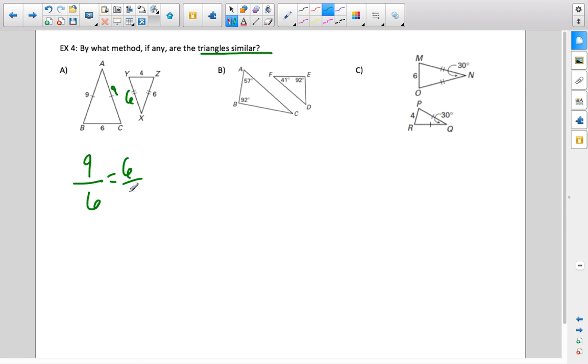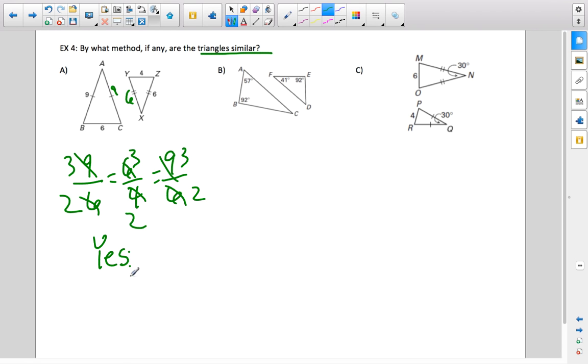And I could even check the other two sides but I already know it's 9/6. Dividing by 3, I get 3/2. Dividing by 2, I get 3/2. Of course, dividing by 3, I get 3/2. So yes, how are they similar? By the angle-angle similarity shortcut.